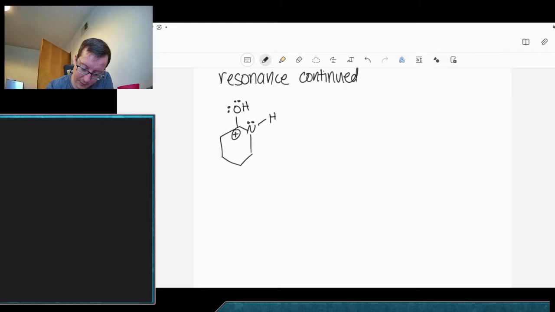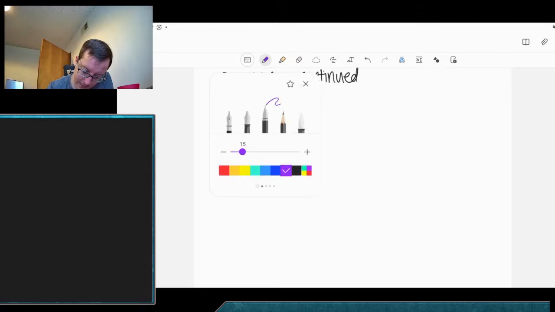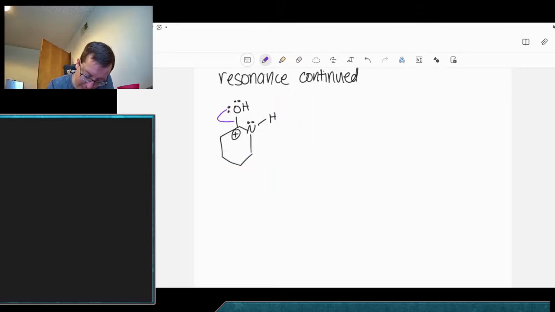So, with our first one, let's go ahead and go from the oxygen. If we move that down, so that carbon with the positive charge on it has an incomplete octet, right? It's only got 6 electrons. That's why it has a positive charge on that carbon.